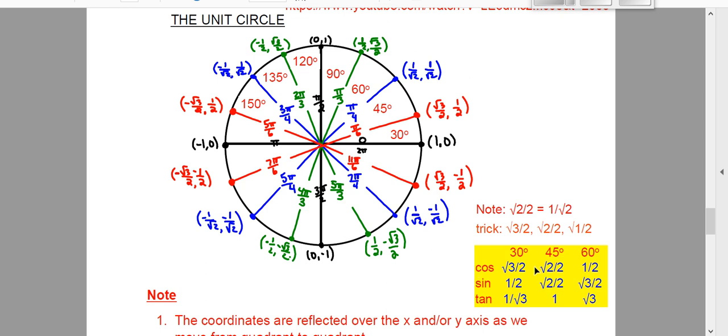Try your best to remember. Now I've taught you the technique. You can start from here. Look at this. X coordinates, Y coordinates. Root 3 over 2, root 2 over 2, 1 half, and then here, 1 half, root 2 over 2, and then root 3 over 2.